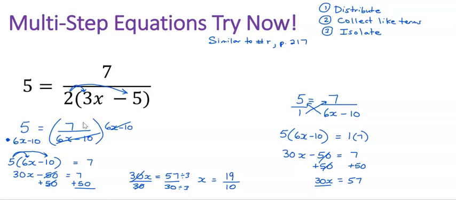But it's just a little bit different right at that one stage after you've done the first distributing. So 2 ways, both coming to the same result, both because we are moving 6x minus 10 out of the denominator so that we can isolate x.